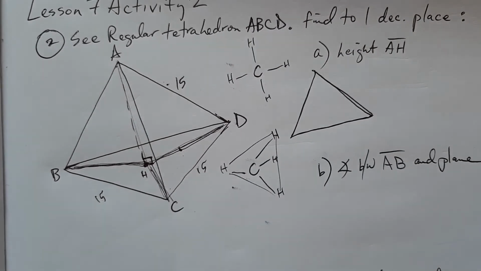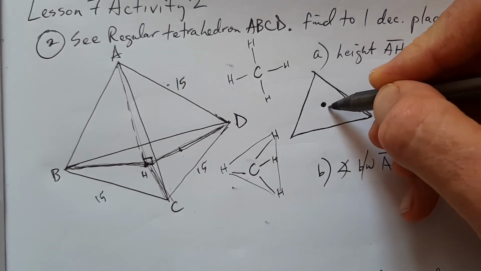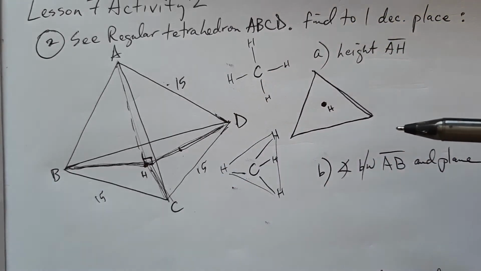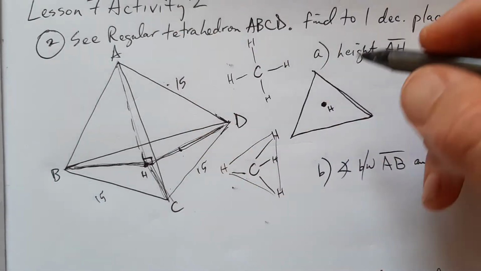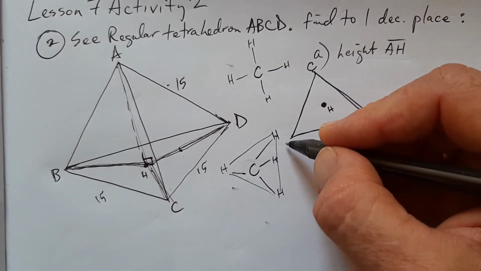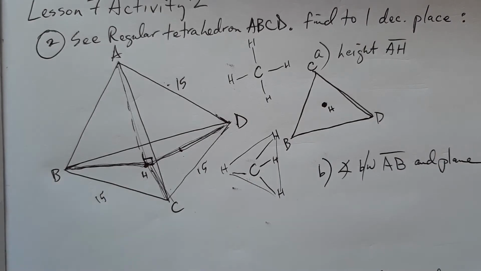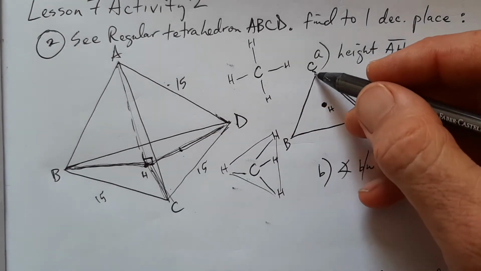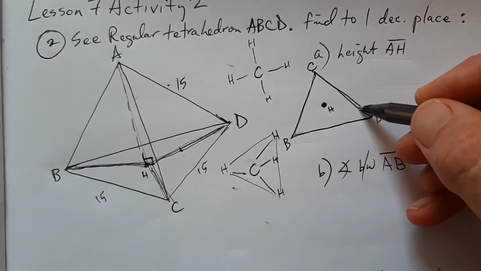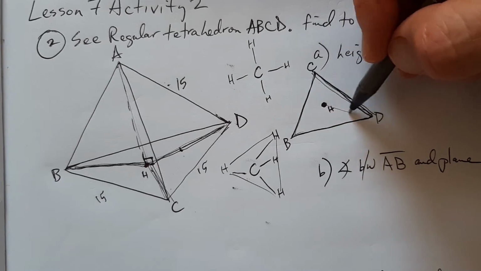So now we got the center right here, H. I'm calling that H. I think they called it H. So let's flip C up, C up here, B over here, D here. So we're looking up at the bottom of the triangle, underneath looking up. And we just want to look at this triangle and figure out, because we want to know H to D, correct?